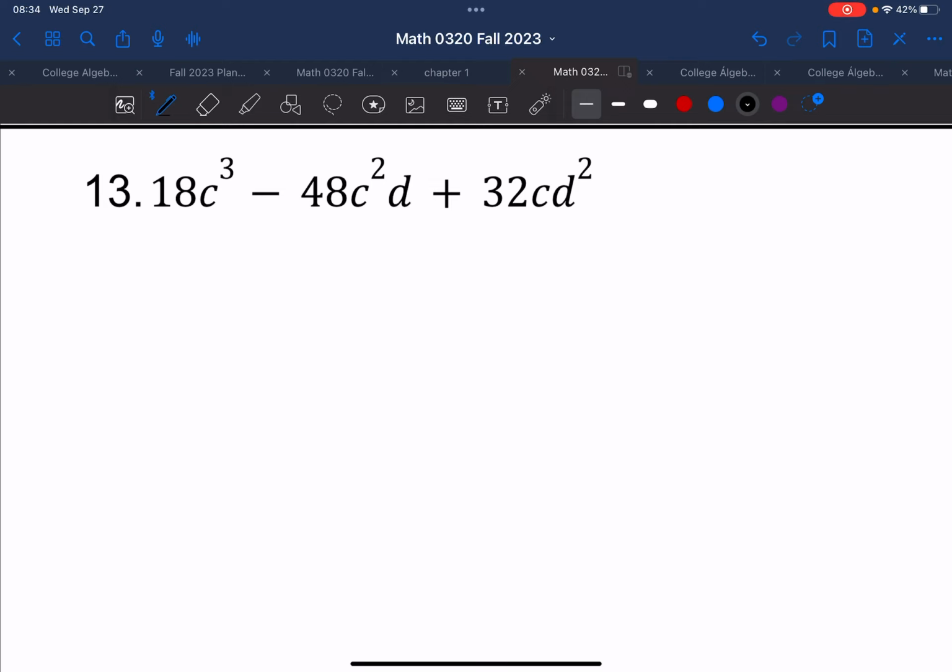Good, no, because we can't take the square root of 18 and we can't take the square root of 32. So right away that tells us that we are going to have a what? A GCF. What would that GCF be? Any guesses?